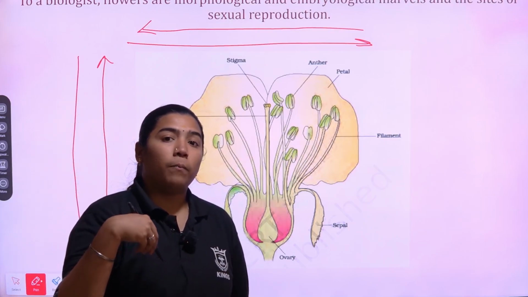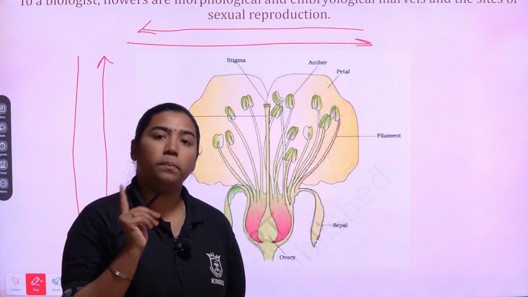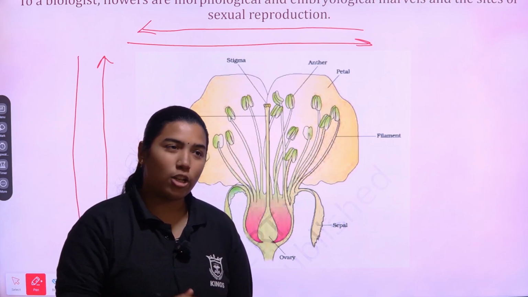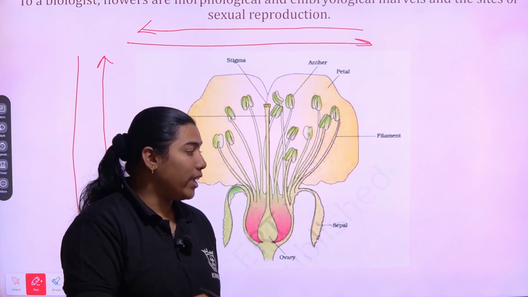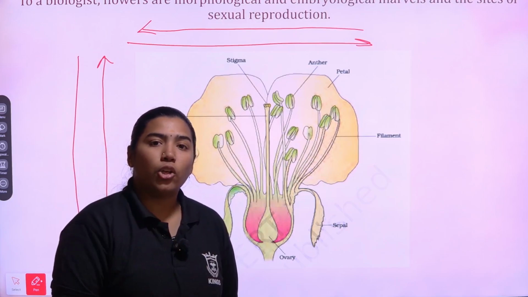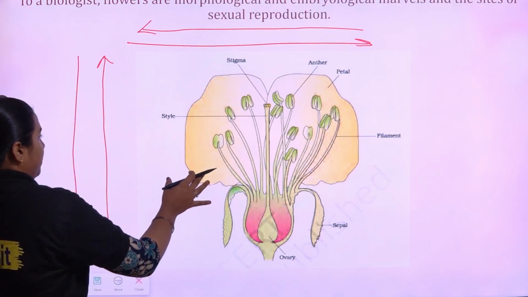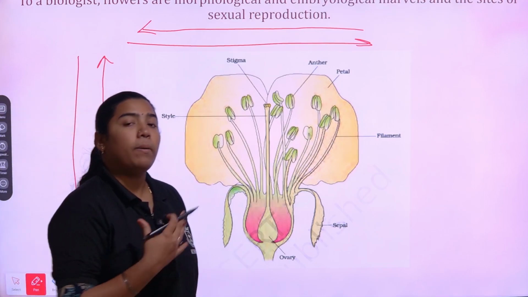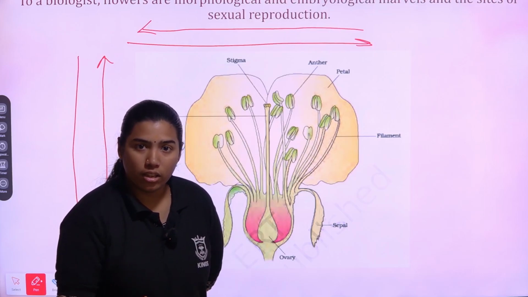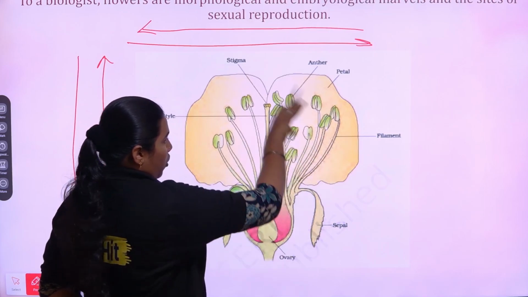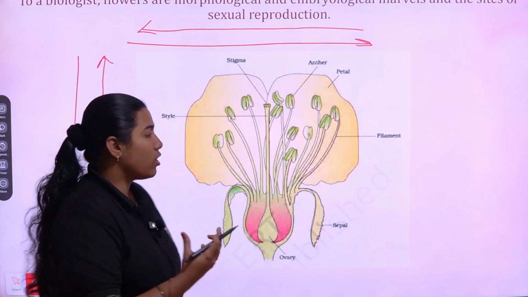But if you are doing this for the first time on a very different diagram, you should understand the principle. You should understand what you are trying to understand from the diagram. What you are trying to understand will make you fix the direction of study. Here I'm going to study the parts of a flower. When I study the parts of a flower, I'm going to study all these parts, and what is the common point they have?